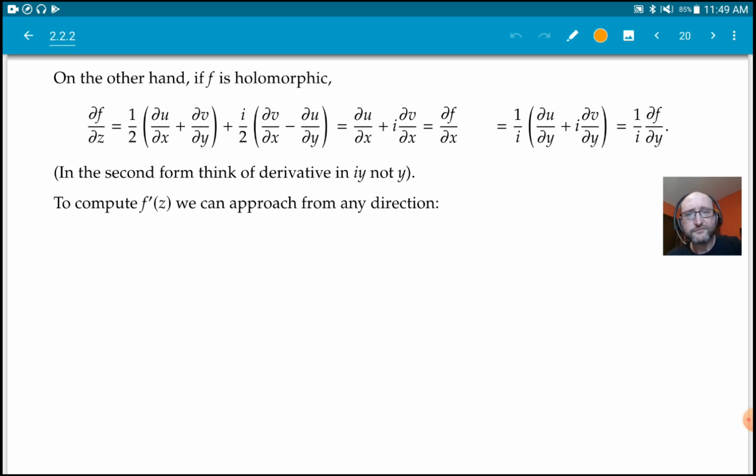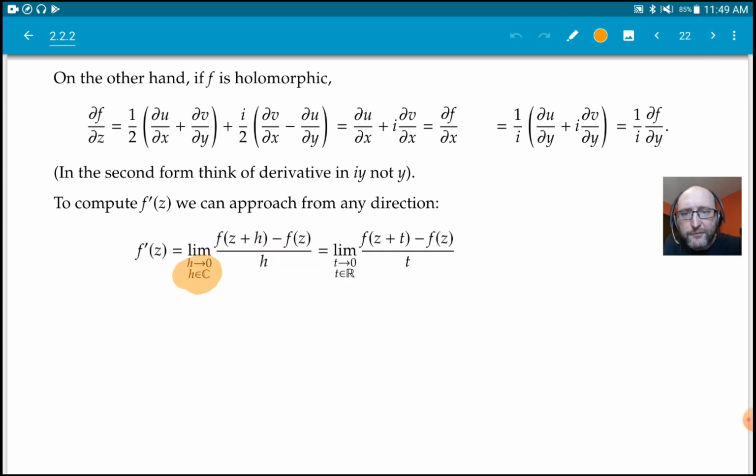Now, if it's a holomorphic function, the complex derivative exists, so we could compute it by approaching from any direction. So we start with the definition, and now, instead of approaching from h, just approaching anywhere. If this limit exists, I can compute it by just restricting to the real line, so restricting to real t and computing the limit that way.